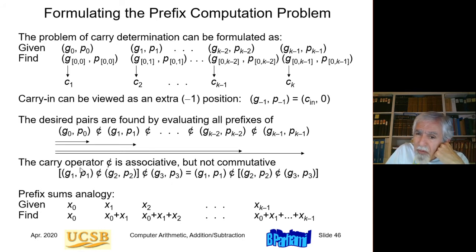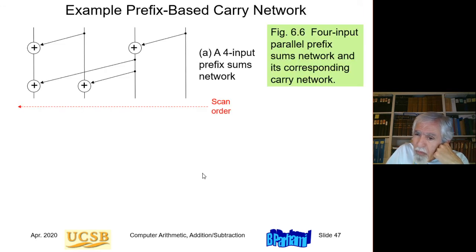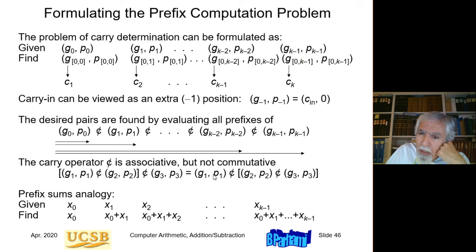It doesn't matter whether I first combine G1, P1 with G2, P2, and then the result with G3, P3, or combine G2, P2 with G3, P3 over here, and then combine that result with this one. So I have some flexibility in the order of performing these operations because the operation is associative. However, the operation is not commutative.